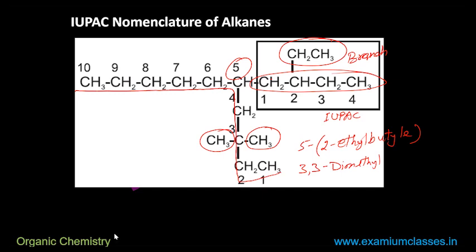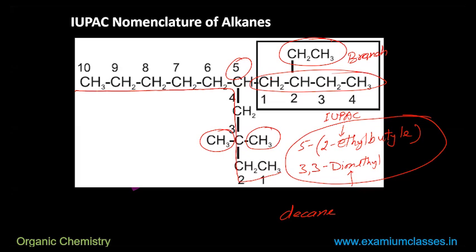Because the longest chain is of 10 carbons and this is the main root chain, I will call it decane. Then I will write the branches as prefixes. And I will see whether E comes first, of ethyl, or M comes first. I have already told you, di, tri, etc. will not be used in alphabetical order.